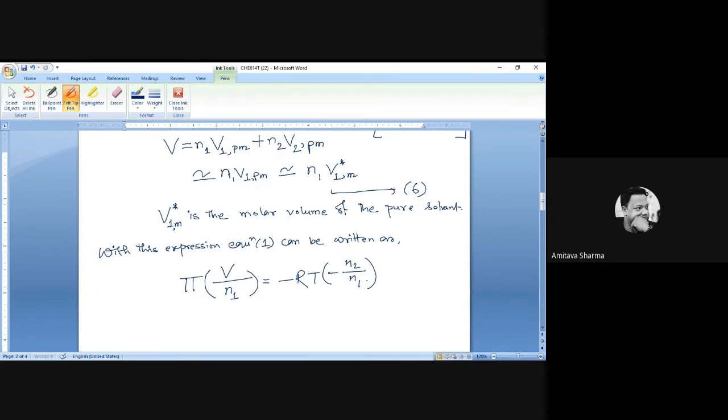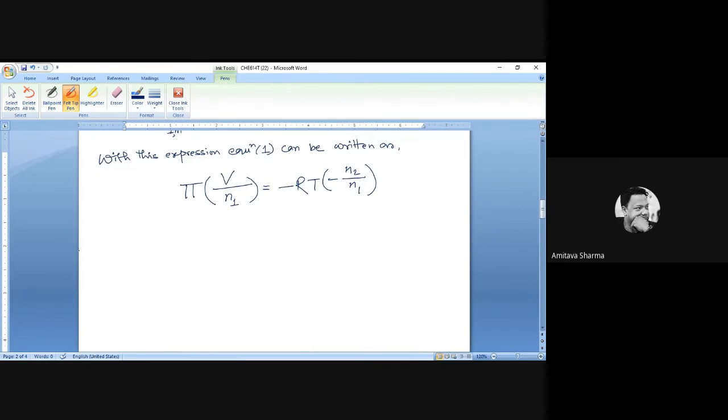Okay, so from this equation we can conclude that pi equals N2 by V times RT, as N1 is cancelled from both sides.